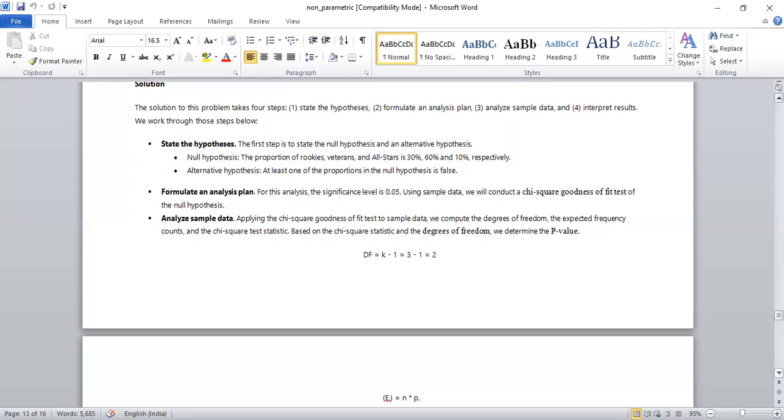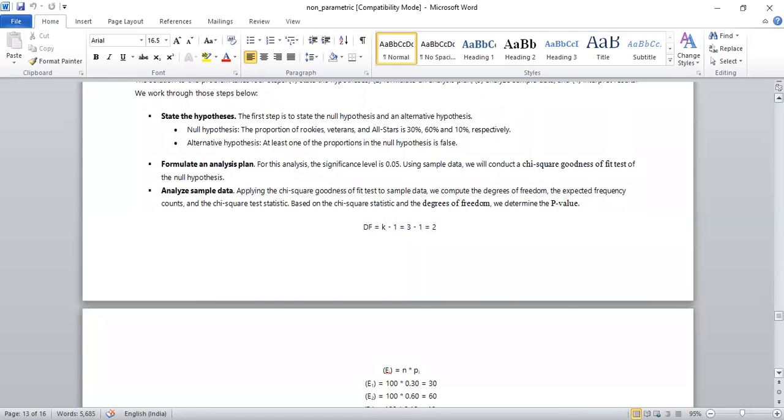Based on the chi-square test statistic and the degrees of freedom, we determine the p-value. Now degrees of freedom is k minus 1 equal to 3 minus 1 equal to 2. 3 groups: rookies, veterans, and all-stars.